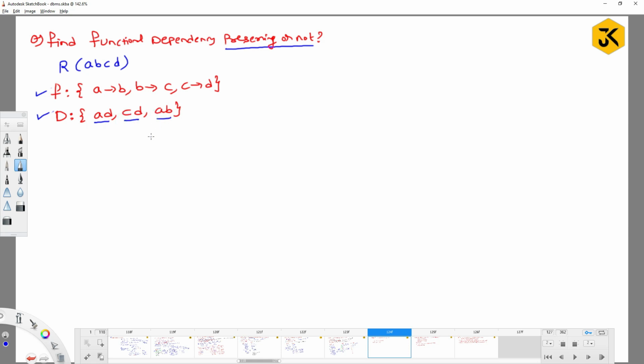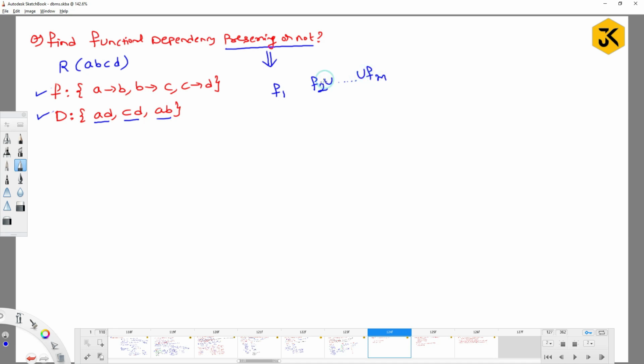and AB. If you would like to determine whether it is functional dependency preserving or not, you have to find the set of functional dependencies possible for the relation R1, which I can call F1, the set for the relation R2, which I can call F2, and so on. The set of functional dependencies possible for the relation Rm, I can call Fm.